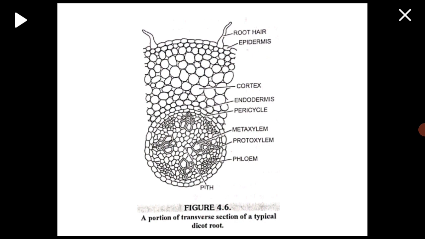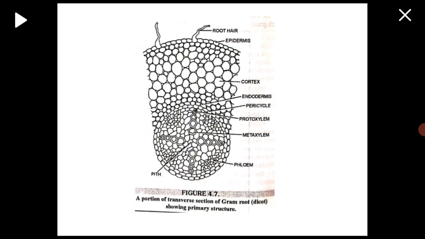These cells are elongated in the longitudinal plane and appear rectangular, isodiametric, or oval in transverse section. The cells of young root are devoid of cuticle, but those of mature roots are covered by a thin layer of cuticle. Stomata are absent.